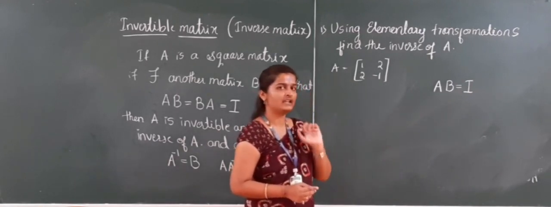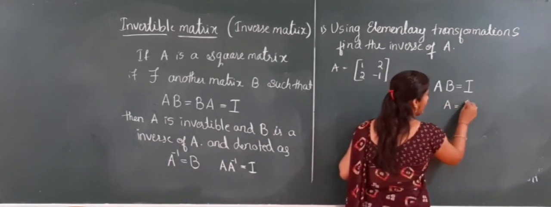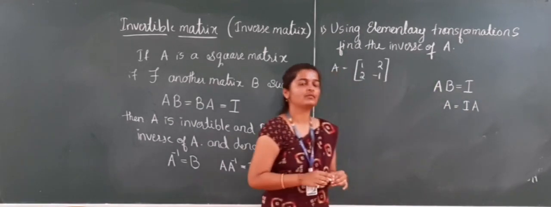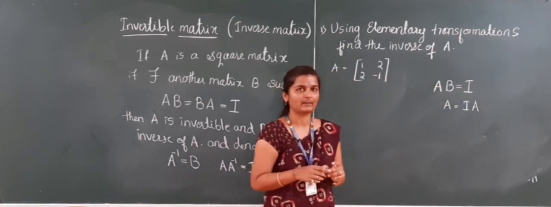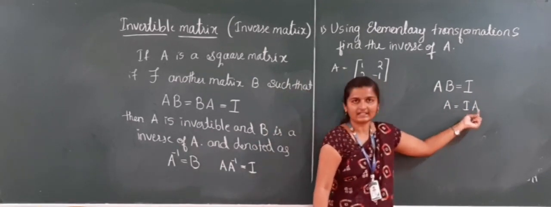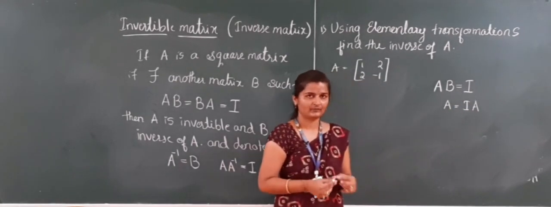For that I know A is equal to I into A, the identity law of matrices. We have learned in the properties of matrix multiplication that if we multiply the identity matrix to any matrix, you will always get A only. Yes? Okay.